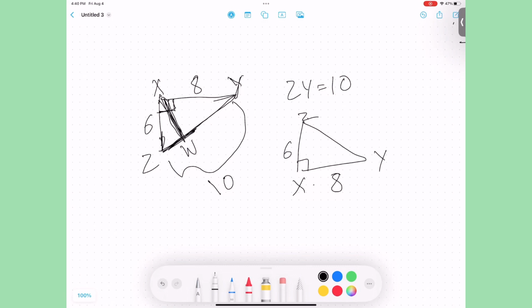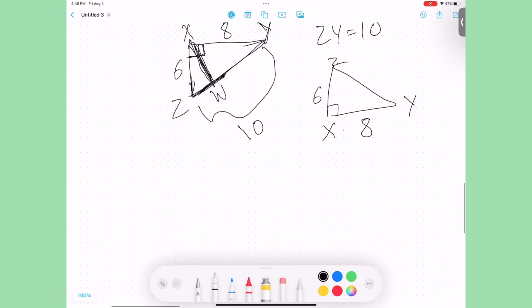You see how ZX is perpendicular to XY. That means ZX is an altitude of the triangle. So now we can just calculate the area, which is 6 times 8 over 2, 24.